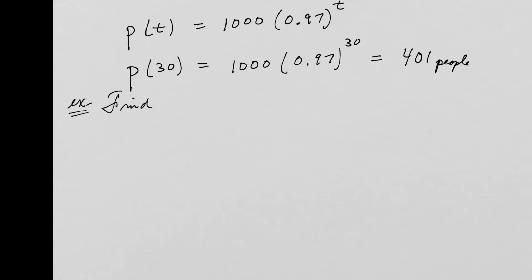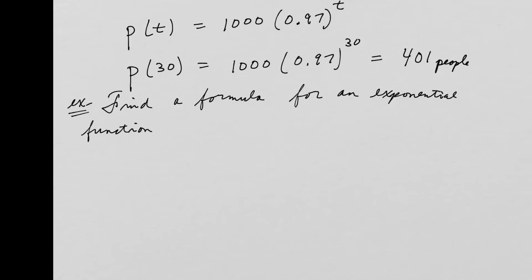Find a formula for an exponential function passing through, let's say, the points (3, 1) and (5, 4).